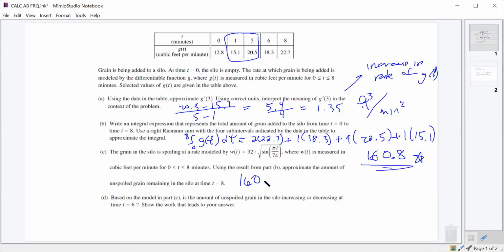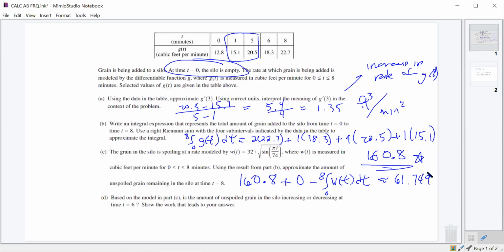So that ought to be the amount of grain put in the silo plus the initial amount of grain in the silo, which is 0, minus the integral from 0 to 8 of W(t) dt, which is the number of cubic feet of grain that spoils. And that number came out to be, I want to say, 64 point something maybe, or I don't remember offhand. Yeah, I got 61.749. That sounds good to me. That's probably right. It was in the 60s for sure.